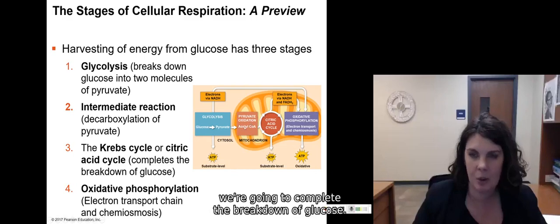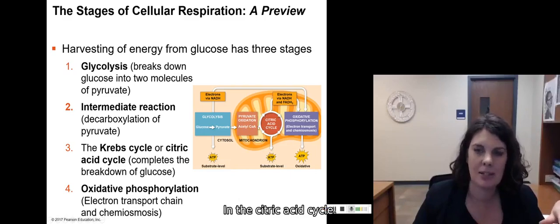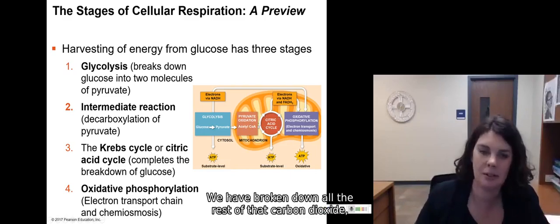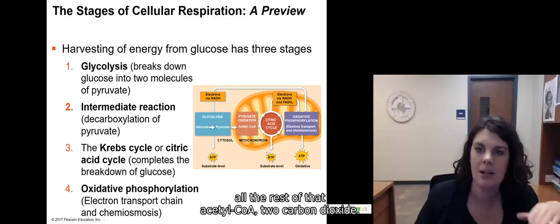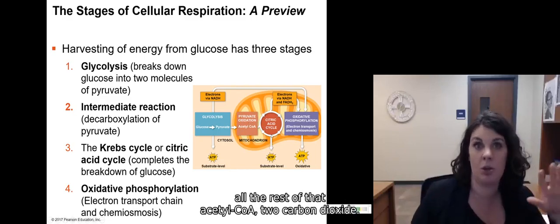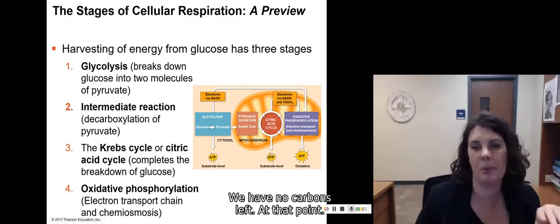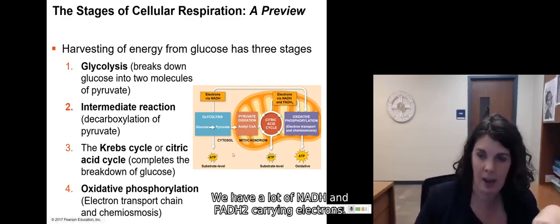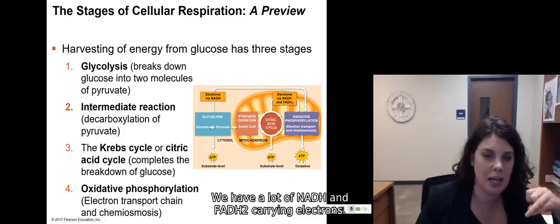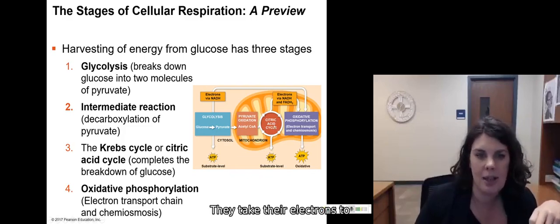Then in the citric acid cycle, we are going to complete the breakdown of glucose. So in the citric acid cycle, we have broken down all the rest of that acetyl-CoA to carbon dioxide. We have no carbons left. At that point, we have a lot of NADH and FADH2 carrying electrons.